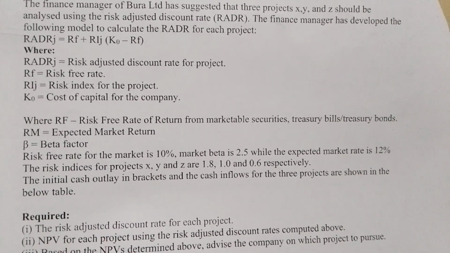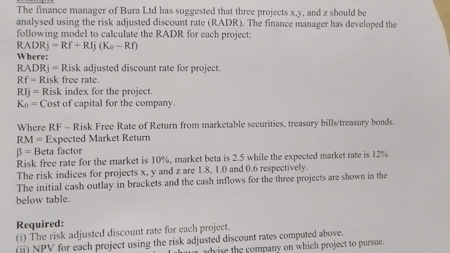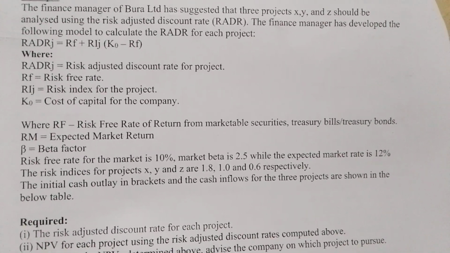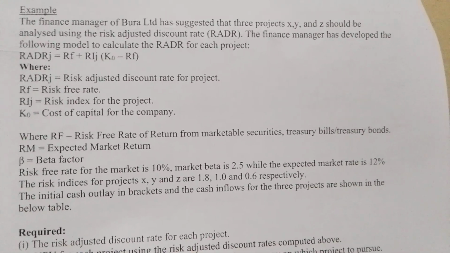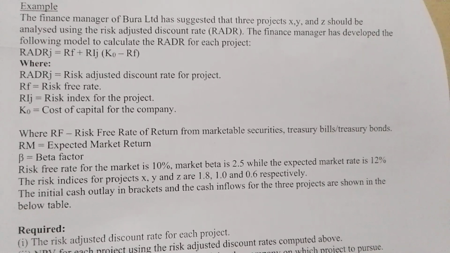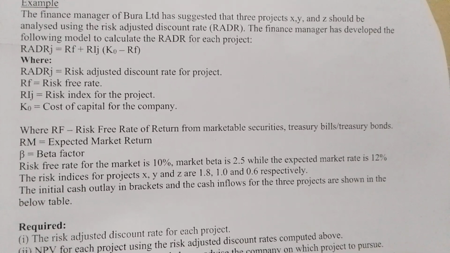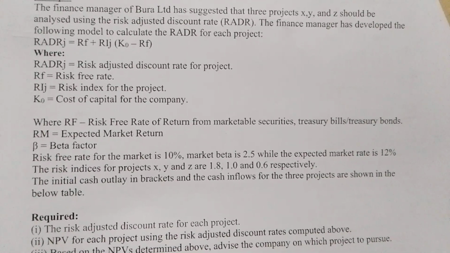Securities which are issued by the government are riskless. They have no risk because the government does not default in payment. So risk-free rate means the rates associated with government securities like treasury bills and treasury bonds.